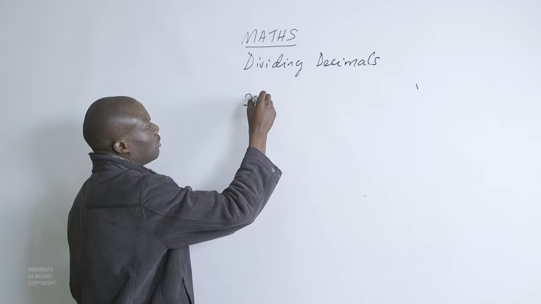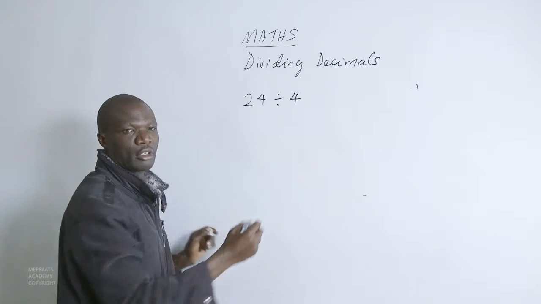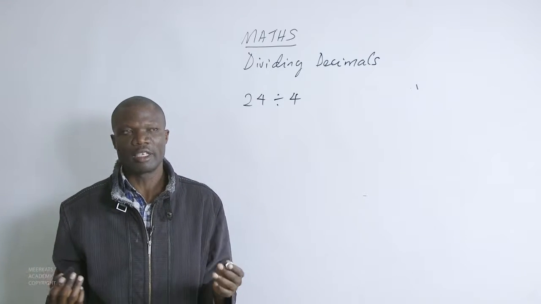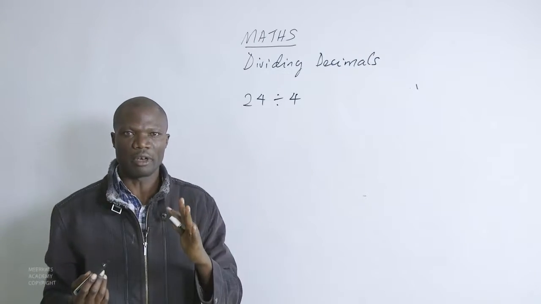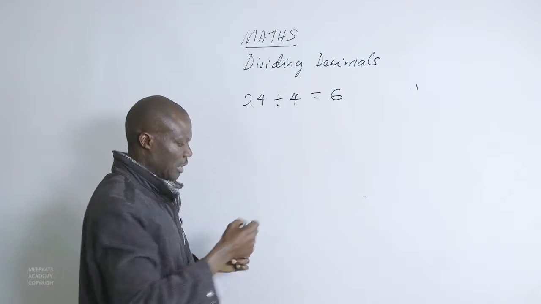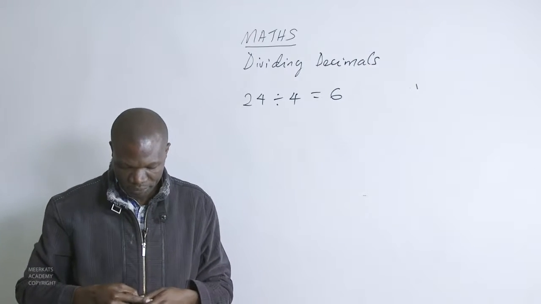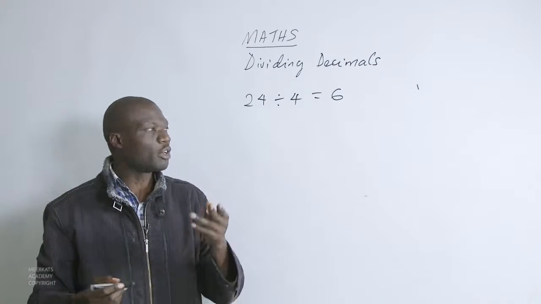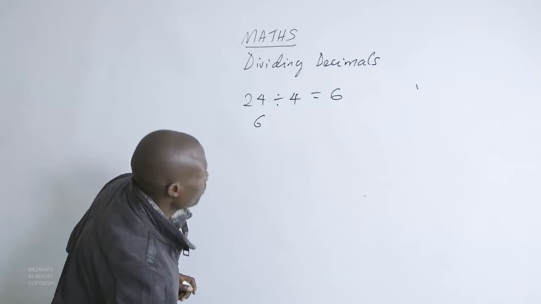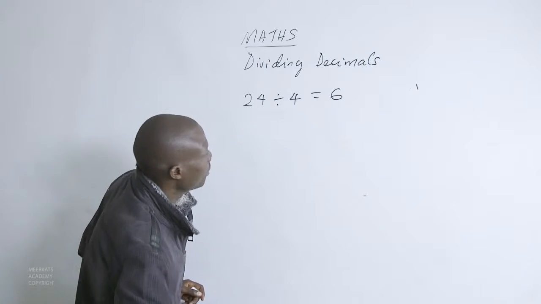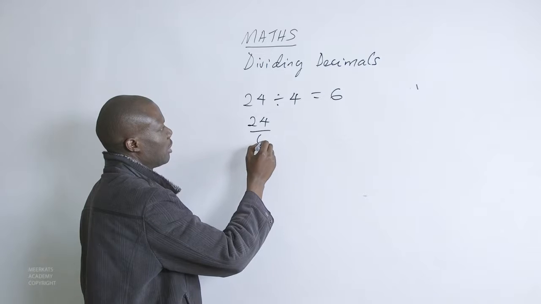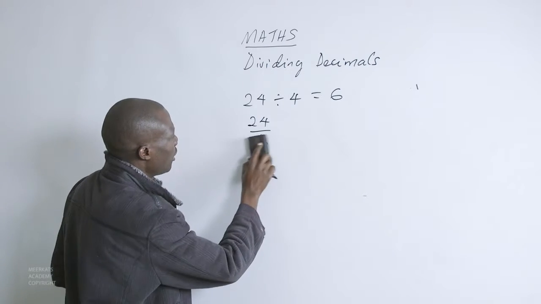Consider 24 divided by 4. In an ordinary case, these are both whole numbers, and when they are whole numbers, you simply divide and you get the answer as 6. If you don't want to write it like that, you'll write it as 24 divided by 4.